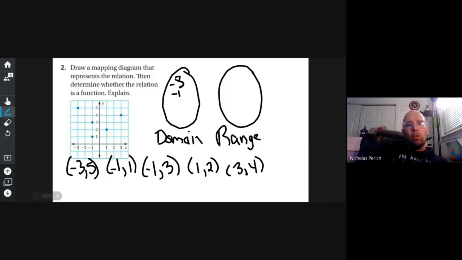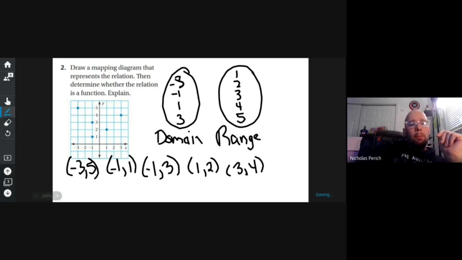I'm going to close a couple things here because we're a little slow today. 1 and 3. My ranges are going to be all my y values. 5, 1, 3, 2, 4. I'm going to put those in order, which is 1, 2, 3, 4, 5. So my range is 1, 2, 3, 4, 5.